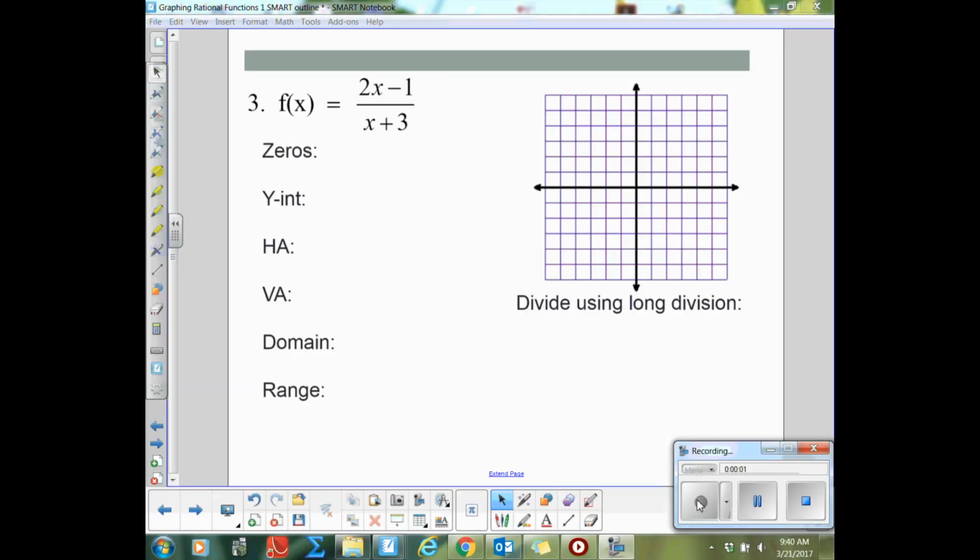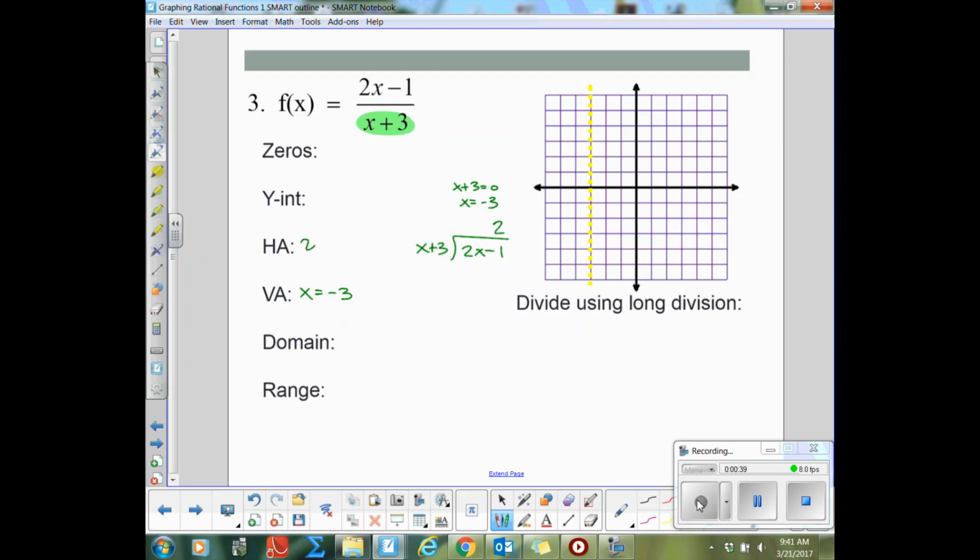The rational function cannot be factored or simplified or anything like that, so we're going to just start to graph. To find a vertical asymptote, set the denominator equal to 0. That's your vertical asymptote. To get the horizontal asymptote, divide numerator by denominator. 2x divided by x is 2.